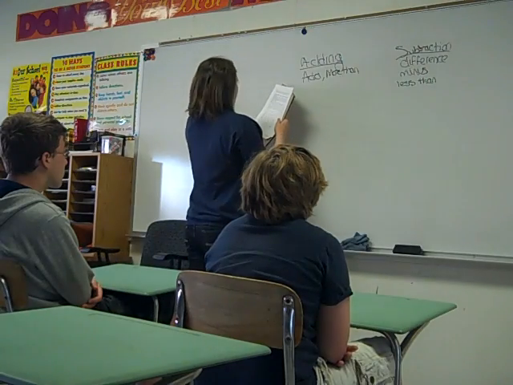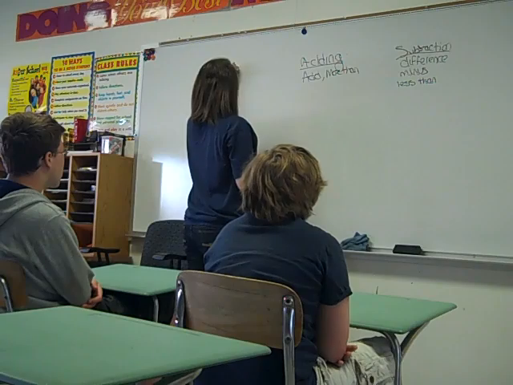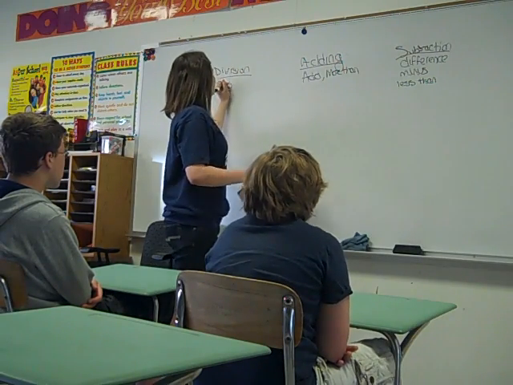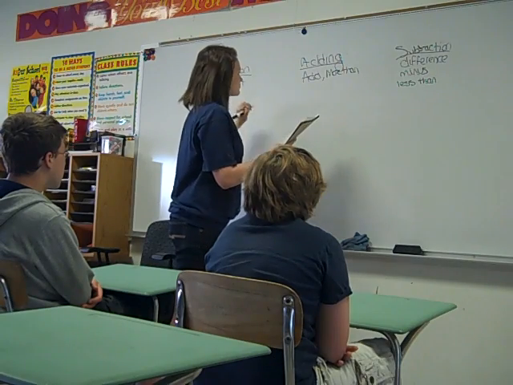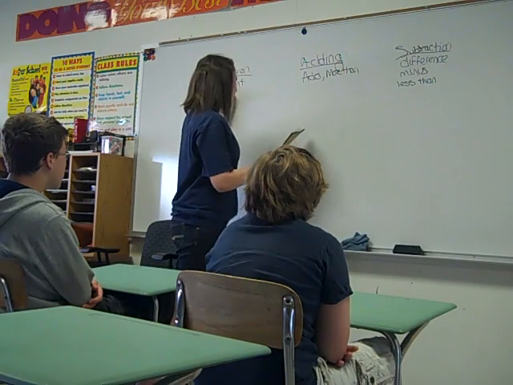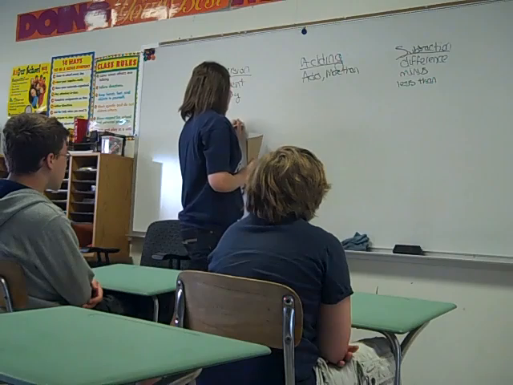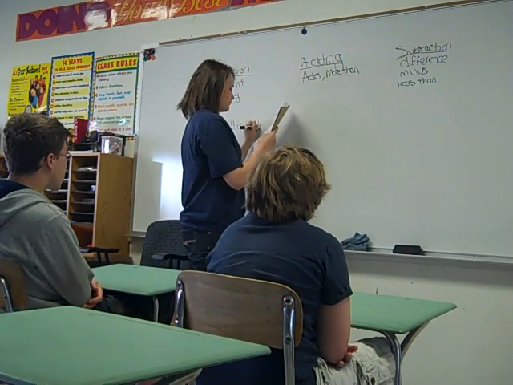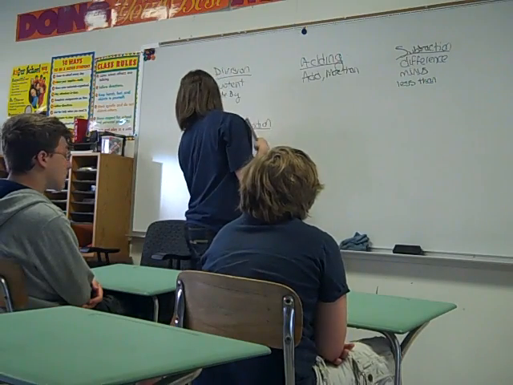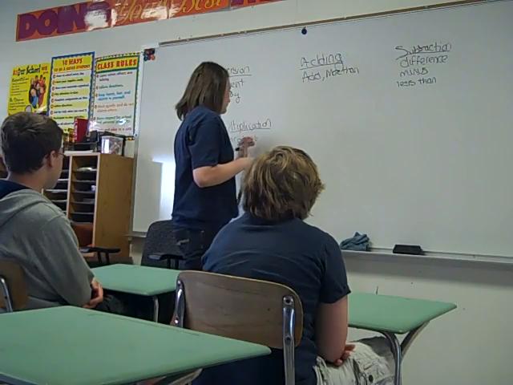In division, you have to use quotient, divide by. And then the last one you have to do is multiplication. In multiplication, you have to worry about of, product, and twice.